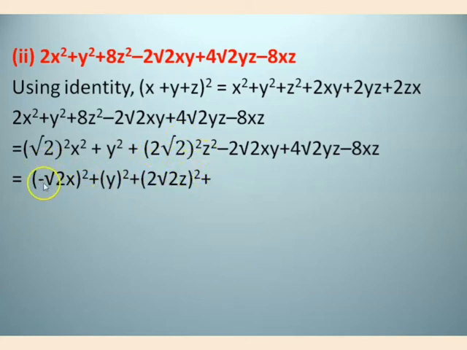So why am I taking minus here? See here, in the place of xy you have a minus term, so any one of these terms should be negative. In the place of yz you have a positive term. So y and z are obviously positive numbers, they are not negative.